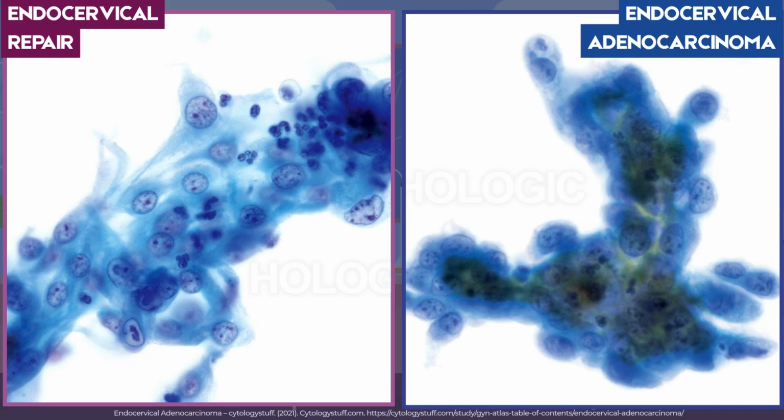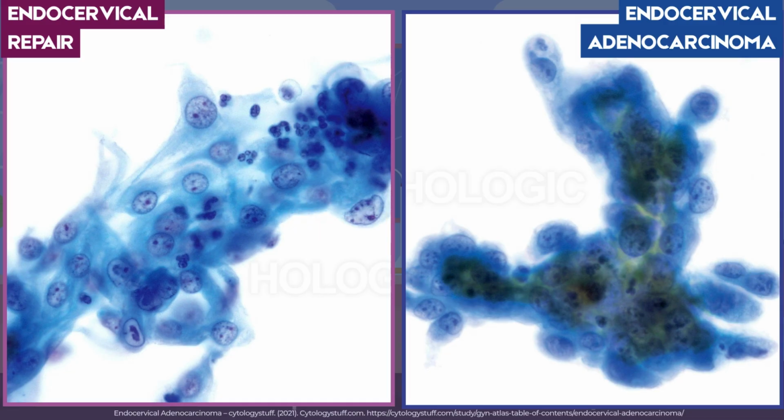One key distinction between reparative cells and adenocarcinoma lies in cellular arrangement. Reparative cells appear in flat sheets with streaming, while adenocarcinoma forms three-dimensional clusters, reflecting disordered growth. Cytoplasm helps too. Reparative cells have abundant cytoplasm, while malignant cells show scanty and dense cytoplasm.